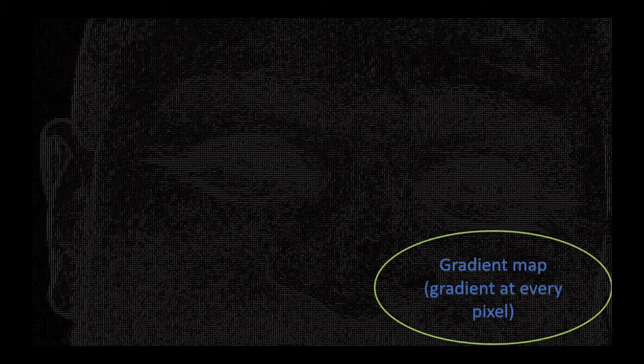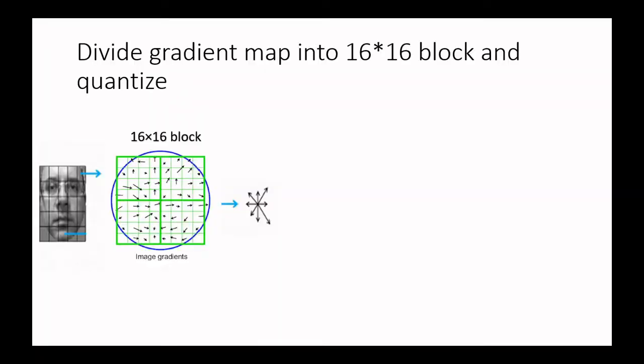But still, capturing the gradient at every pixel is too detailed to be handled by our machine learning classifier. Therefore, we now divide the gradient map into smaller blocks of 16 by 16 each. The gradient in each 16 by 16 block is quantized into 9 bins based on the direction of gradients and weighted as per the magnitude.